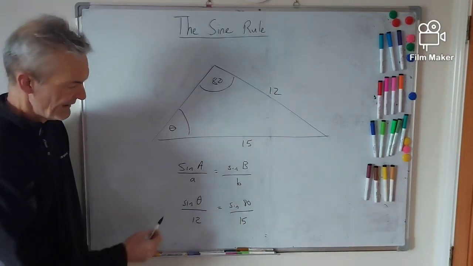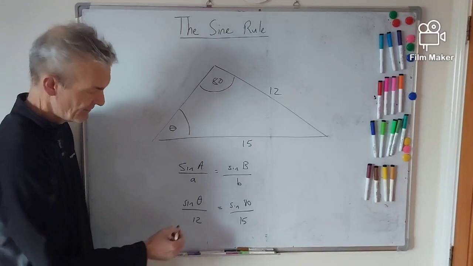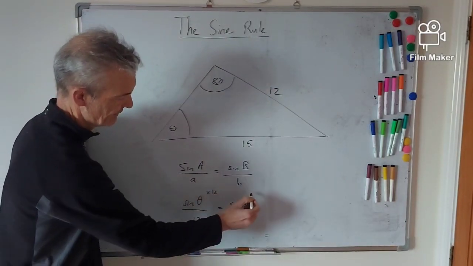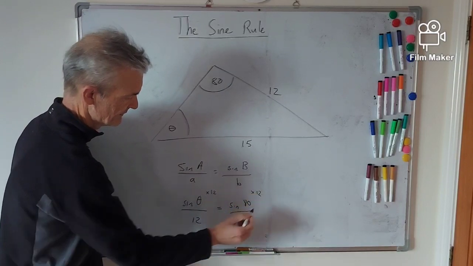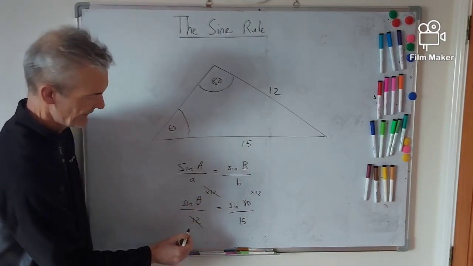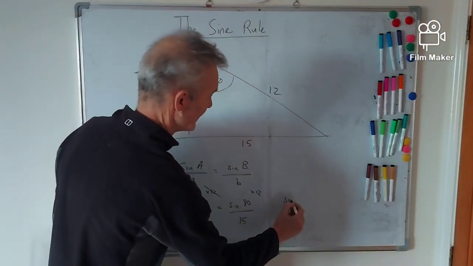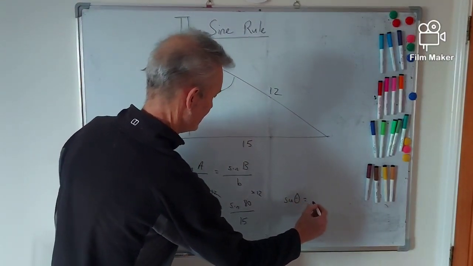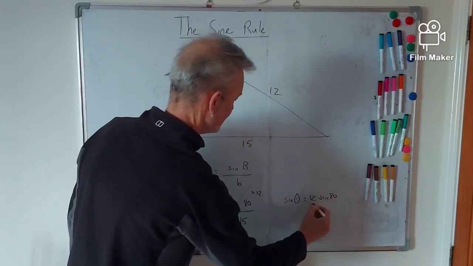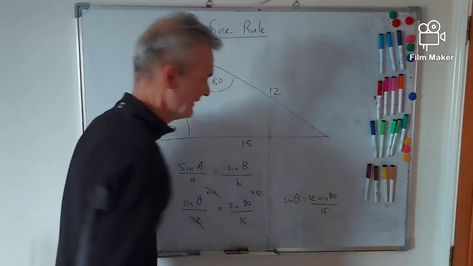Now all I'm going to do here to get the sine theta on its own, I'm going to multiply both sides by 12. Okay, so multiplying by 12 and dividing by 12, they'll cancel out. So I'm left with sine theta equals 12 sine 80 over 15.